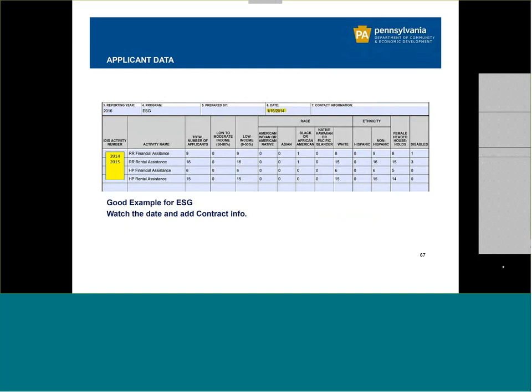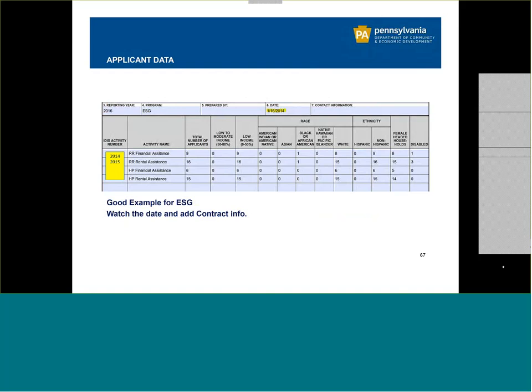Just be careful that you highlight which contract number, because there is no IDIS number with ESG that comes in-house here. Just identify, for example, the first line was 2014, second one was 2015. But here's a good example of breaking it down, how many applicants they have, how many they actually served, and racial, non-racial.